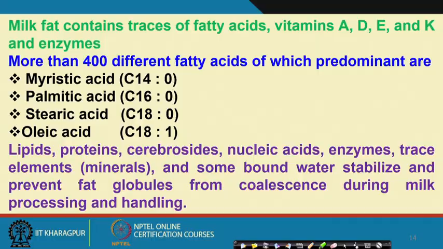By the by, since the word lipid has come, here we must also know that there is a difference between lipid and fat. All fats are lipids, under the lipid umbrella, but not all lipids are fats, because there are many lipids which are non-fat.